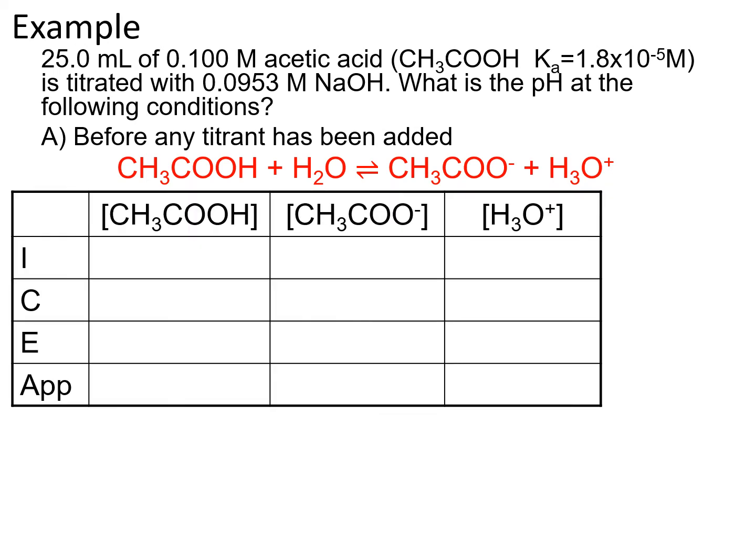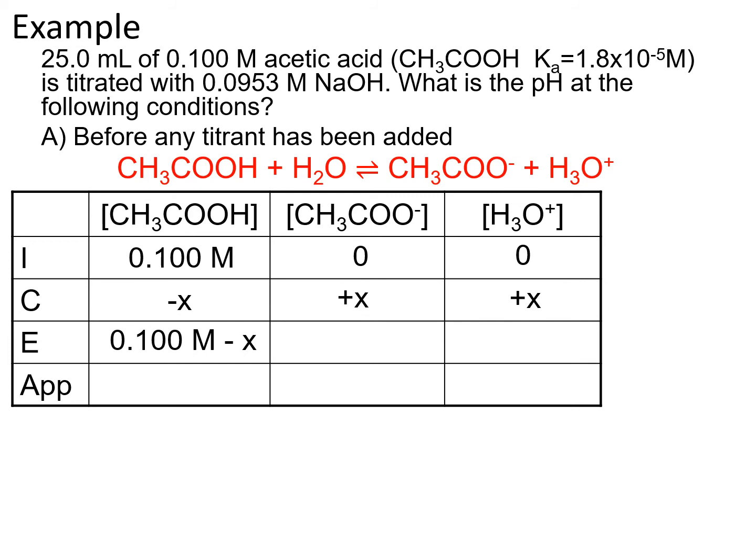I would then need to set up an ICE table with the molarity of my acetic acid. At initial, or time 0, I have 0 molarity of both my conjugate base and my hydronium ion. Since I have zeros on my product side, I'm going to be decreasing from my reactant side and increasing from my product side.